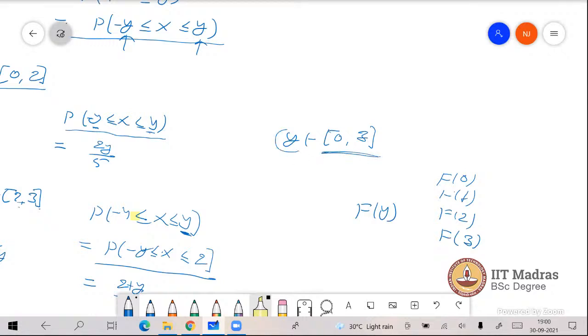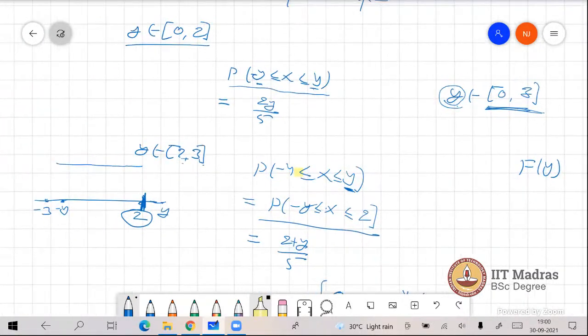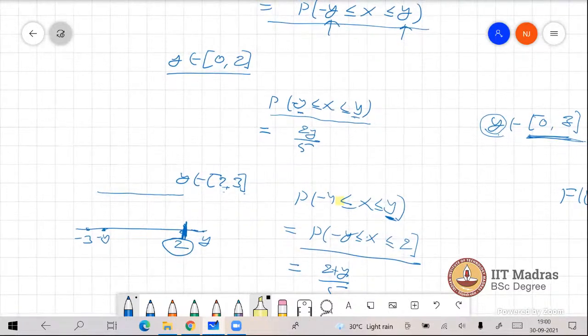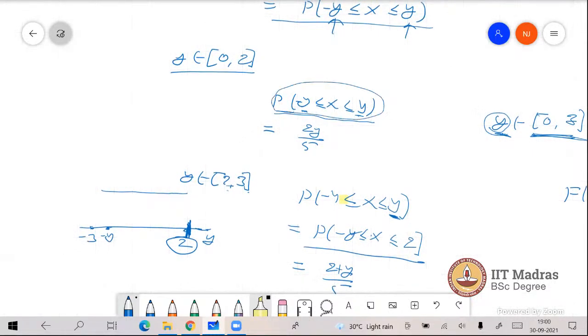So I'm just arbitrarily choosing a y inside the support. Whenever I'm taking y in 0 to 2, my probability comes like this.